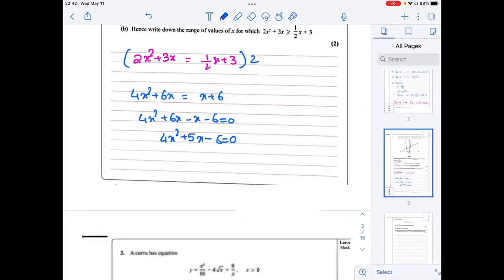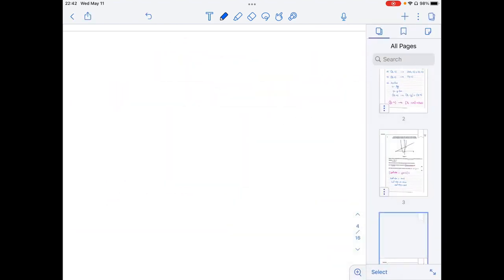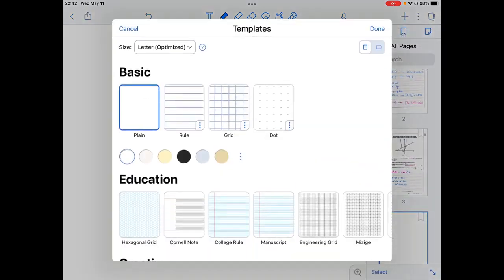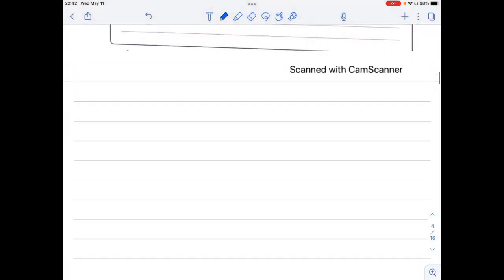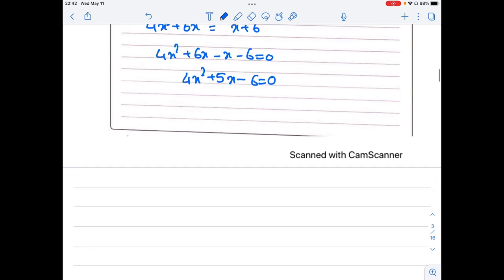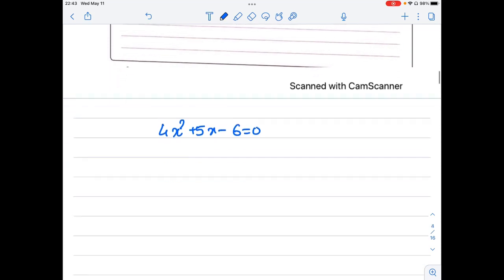So the quadratic is 4x² + 5x - 6 = 0. I've factorized it out: 4x² - 3x + 8x - 6 = 0. x common, x(4x - 3).